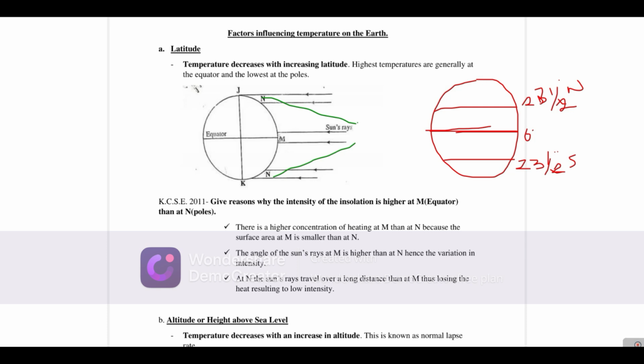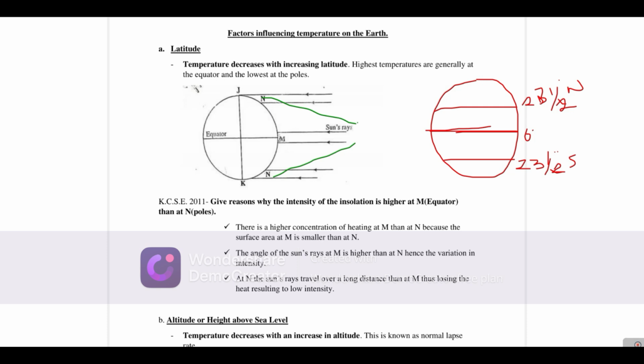And that is why, if you compare the latitudes which are towards the poles and the one that is at the center, that is the equator, then there will be some variance in terms of temperature.